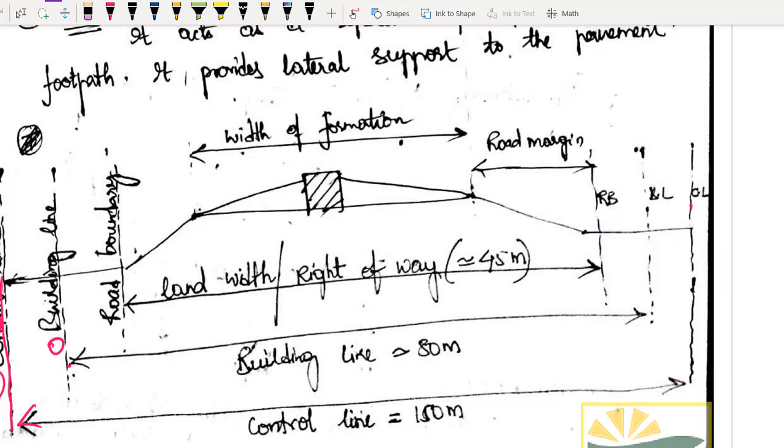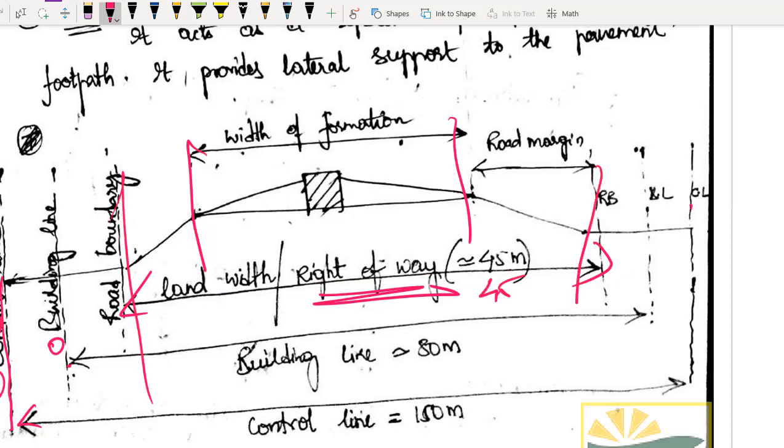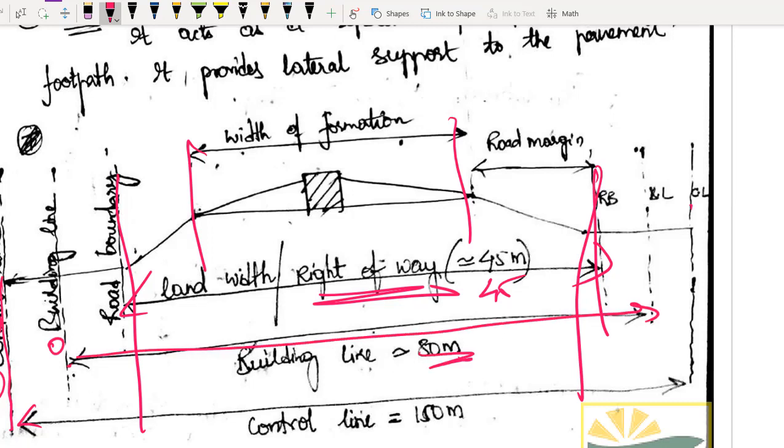So let us revise once again. Up to here, you have width of formation and then we have road margins on either side and then you will be getting land width और right of way. ठीक है, इसे कहते हैं right of way. ये होता है 45 meter. Up to this will be considered as road only, and this will be considered as road boundary. ठीक है, and then we will be having building line. Building line is 80 meter line. So from here if you want to travel to here, that will be exactly 80 meter.